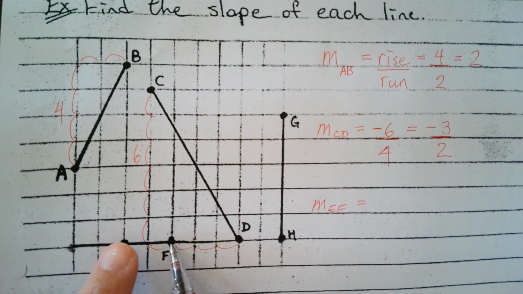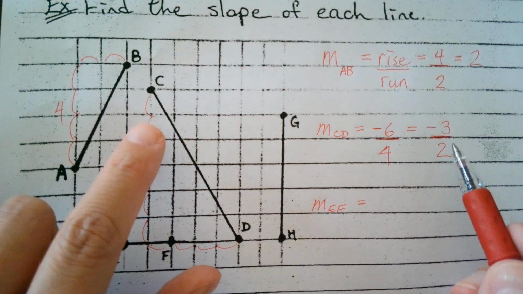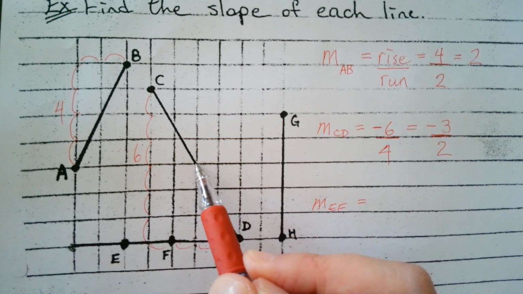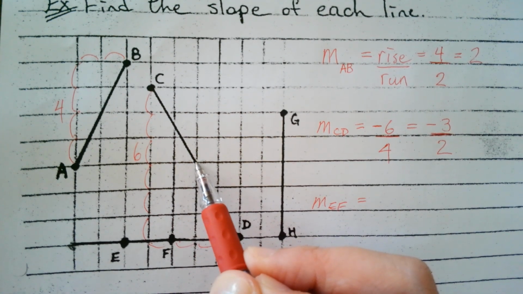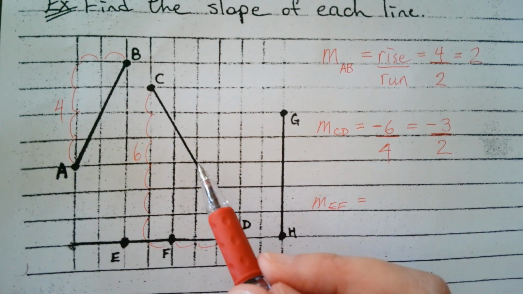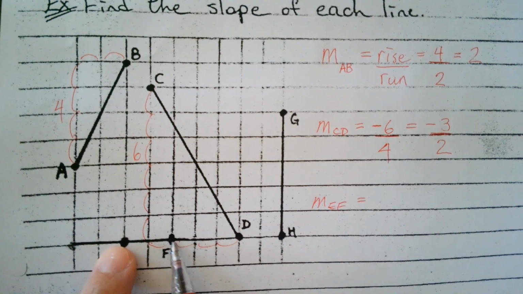It could be any 2 points on that line. Just like right here, negative 3 over 2. If I went down 3 over 2, notice I land on this line as well. So no matter which 2 points you choose on that line, the slope is the same for the whole line.